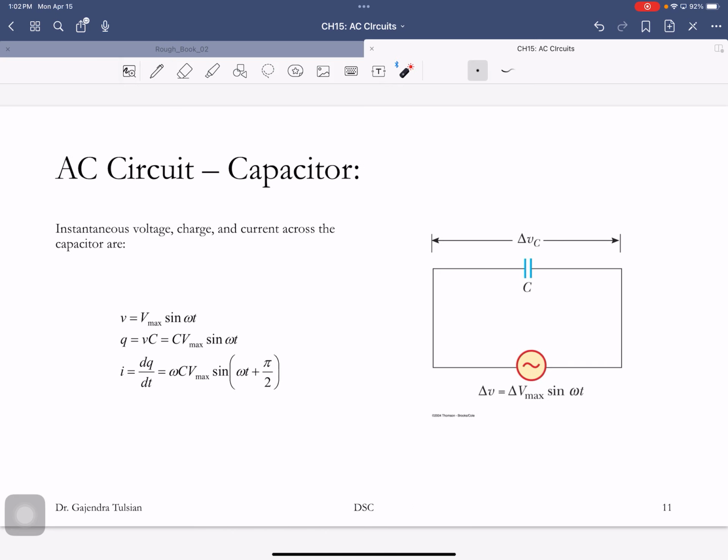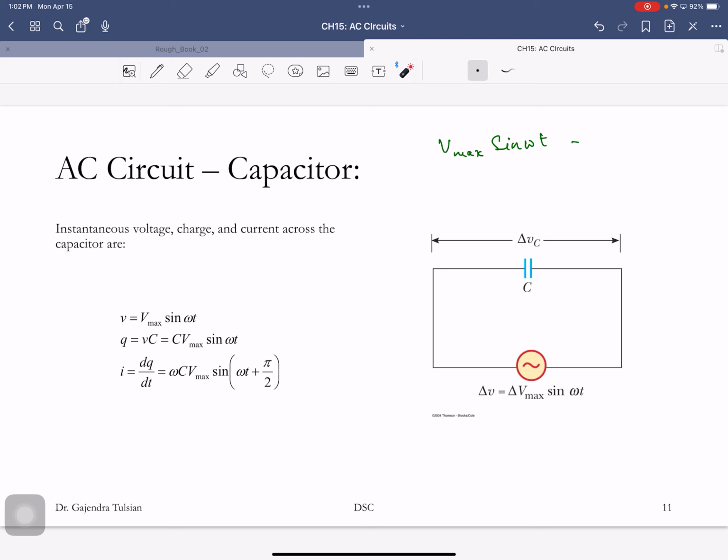So the third element we'll connect is a capacitor. And here is the AC voltage that we'll apply. Kirchhoff's rule says that the sum of the voltages around the loop should be 0. So let's start here. This is Vmax sine omega t.